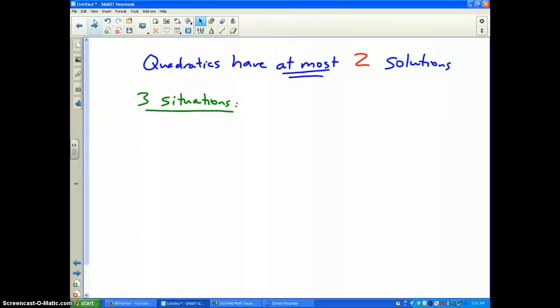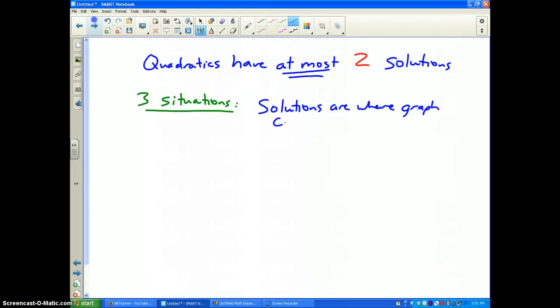Now, why is that the case? As I just said, quadratics have at most 2 solutions. Well, there are 3 situations. The thing you must understand, which I'm going to talk about here in a second, is that the solutions are where the graph crosses the x-axis.